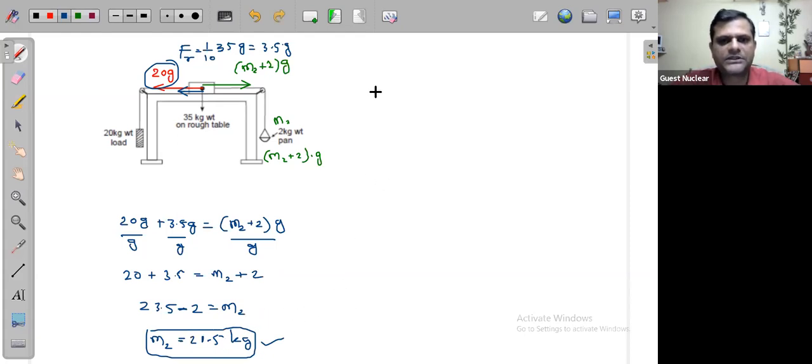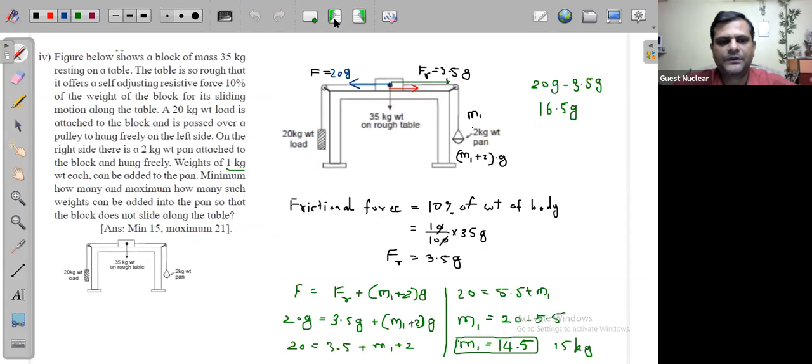So in this way we can just get the answer to be simply minimum 15 and maximum 21 kilogram force should be acting on the body. It should be put in the pan so that it will be at rest. It will not slide along the table.